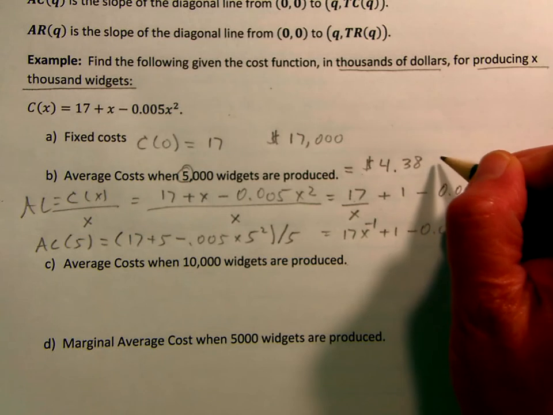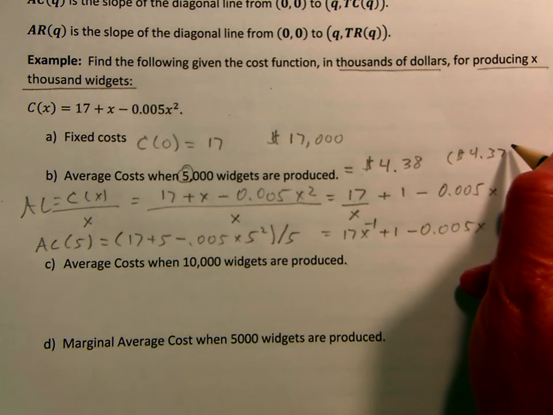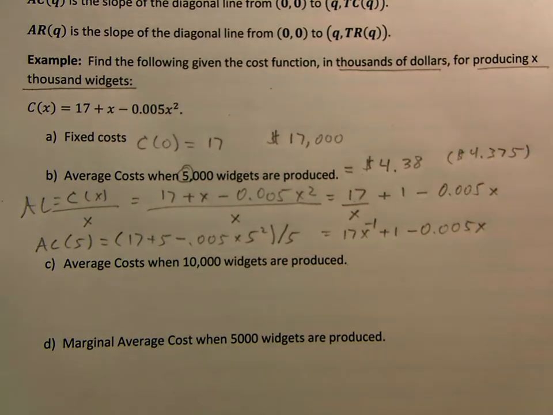And we estimated that from $4.37.50. You're going to want to make sure throughout the course, when you're doing the applications on MyOpenMath, you look for the units that they want you to give the answer in.